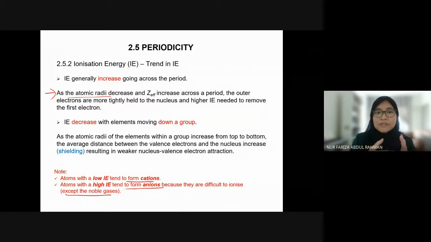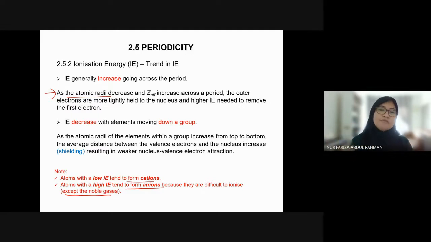Okay, macam group 17, group 16, group 15. Okay, kan dia punya Z effective positive 5, positive 6, positive 7. Powerful enough. Not only it can attract the electron inside the atom, it can also attract the electron from outside. So kalau dah attraction dah sangat kuat, the energy required to remove the electron would be higher.